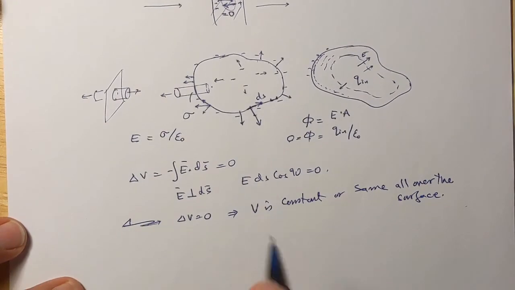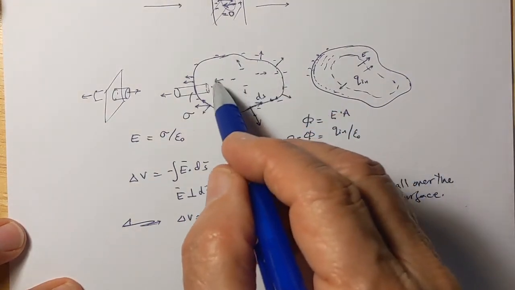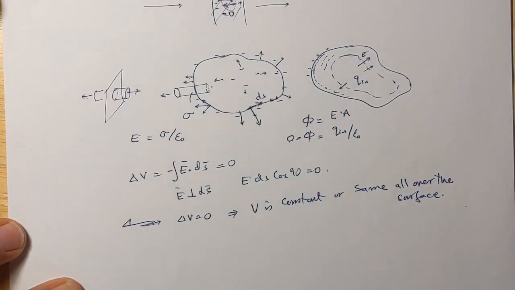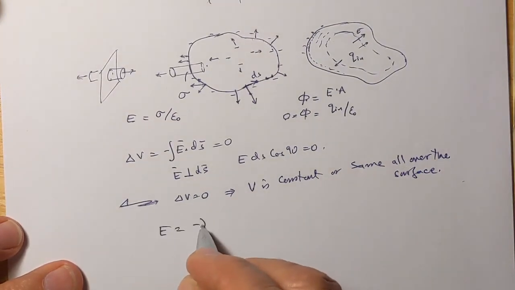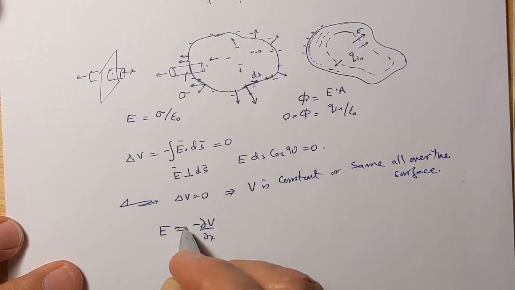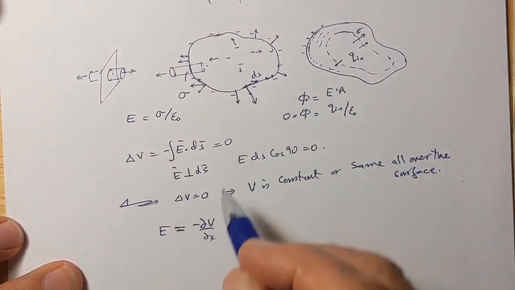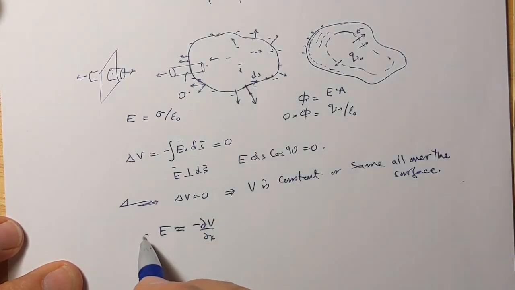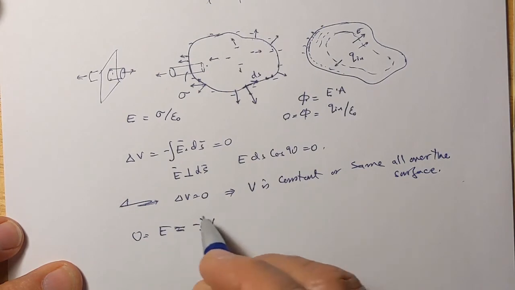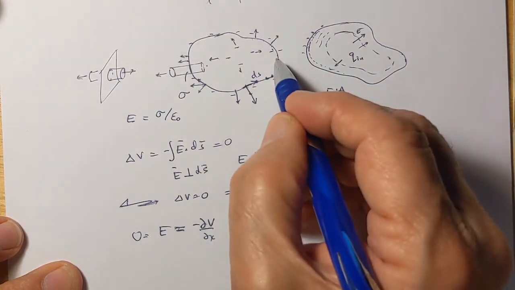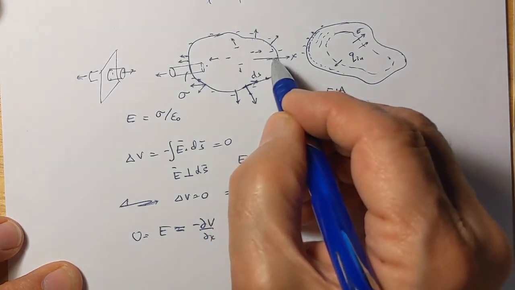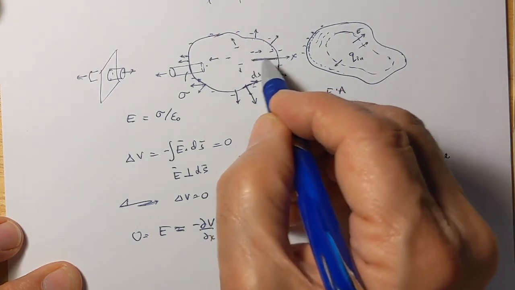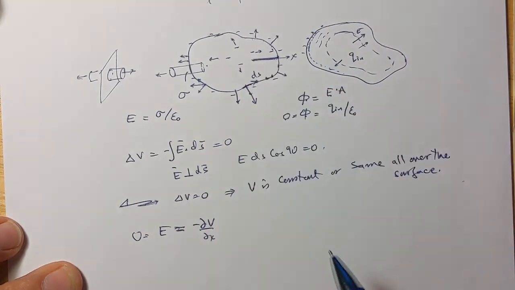Well, if the voltage is the same all over the surface, what about the potential inside? We know that the electric field is dV over dx, and the electric field inside is 0. That means dV by dx is 0. So if that's our x-axis and we want to go inside, dV by dx being 0 means there's no change in the potential.